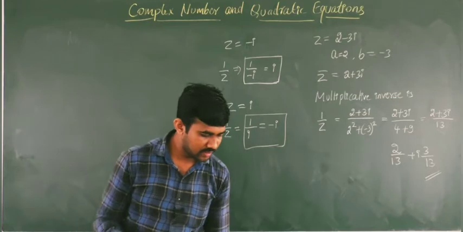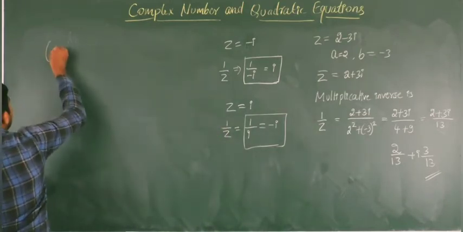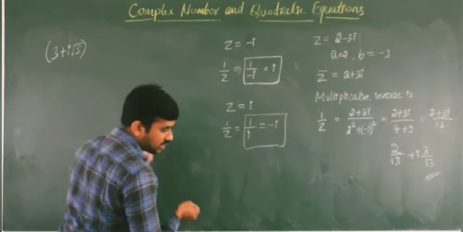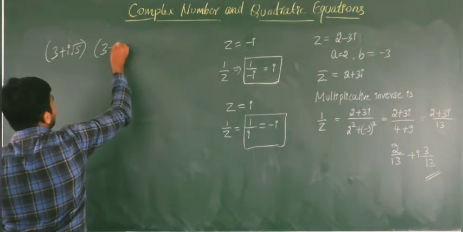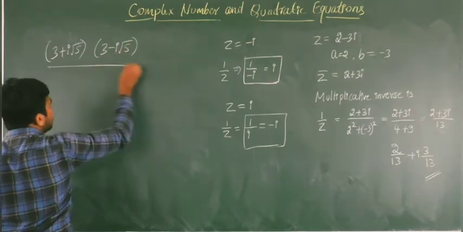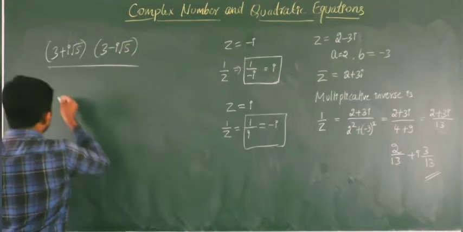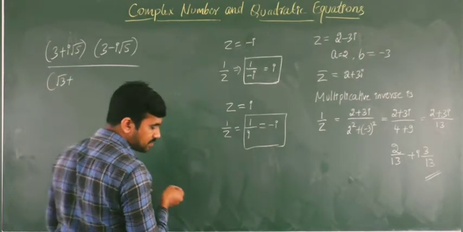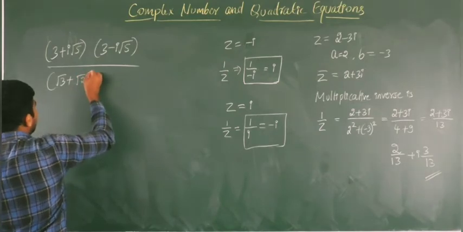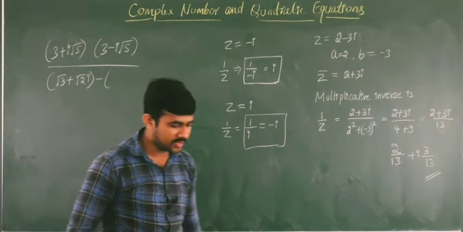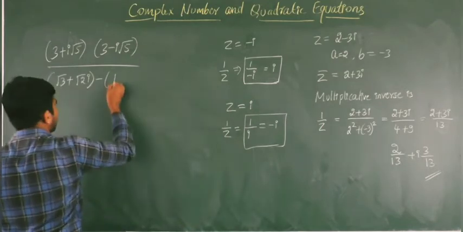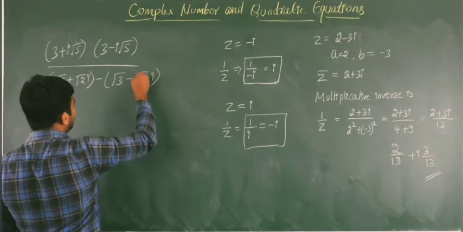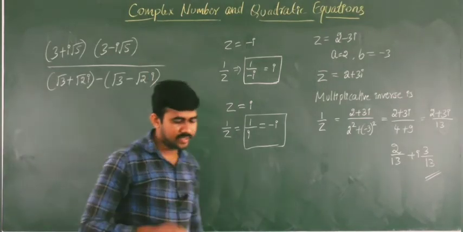Here they have given (3 plus i root 5) into (3 minus i root 5) divided by (root 3 plus root 2i) minus (root 3 minus root 2i).